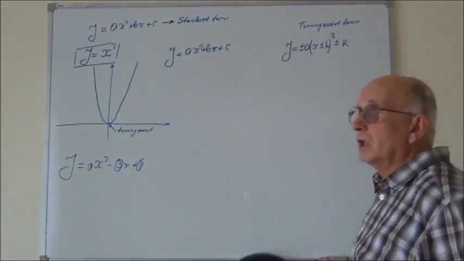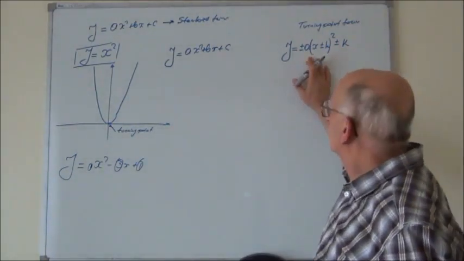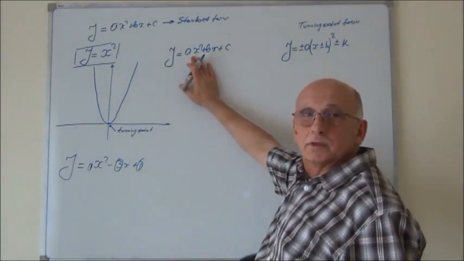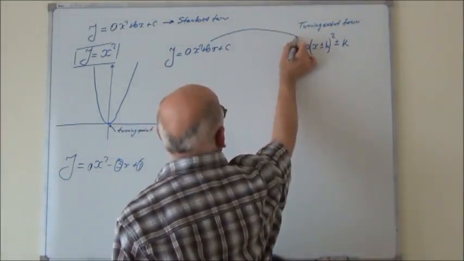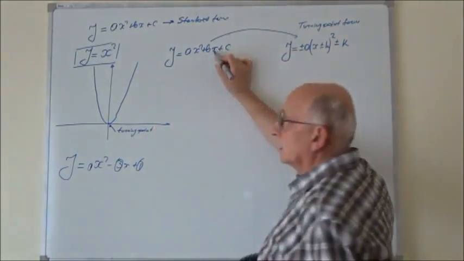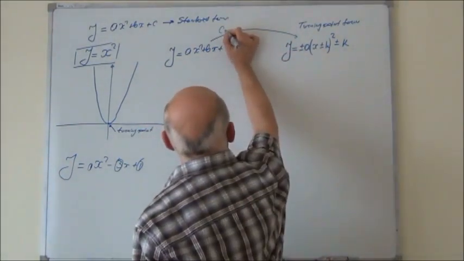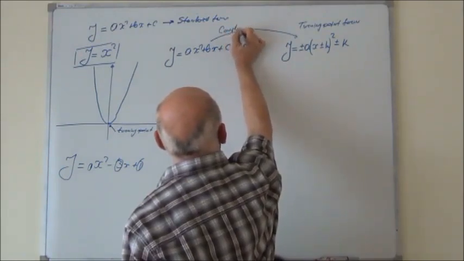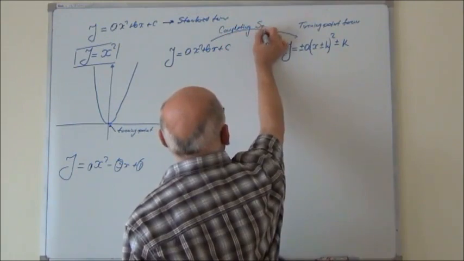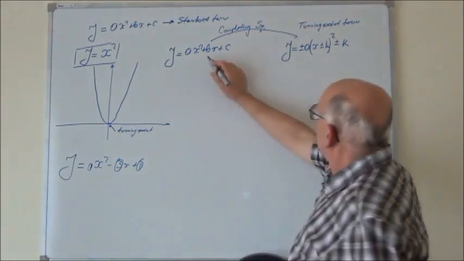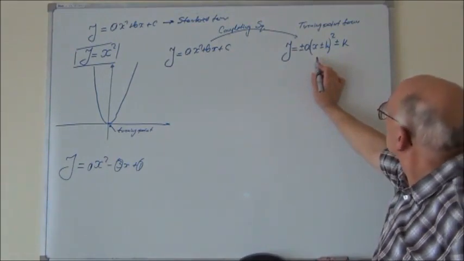So, it is obvious that this form we can get from standard form if we complete the square in standard form. So, by completing the square here, we will get an equation like this.